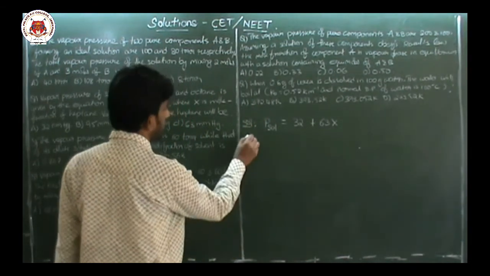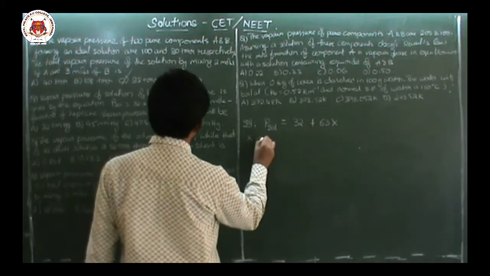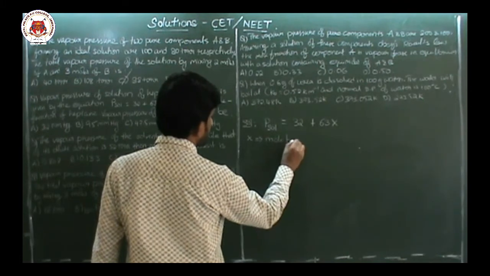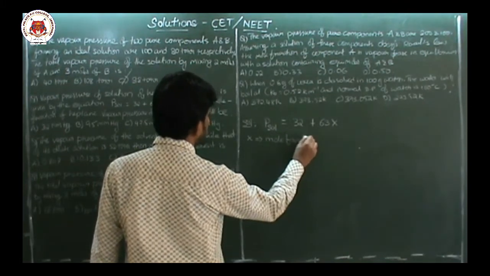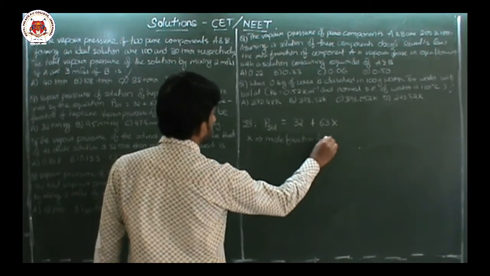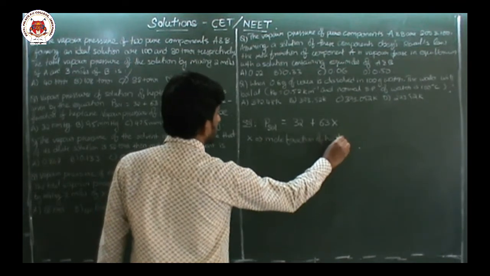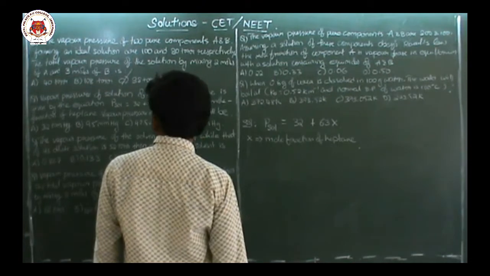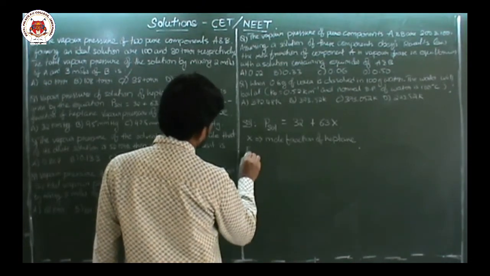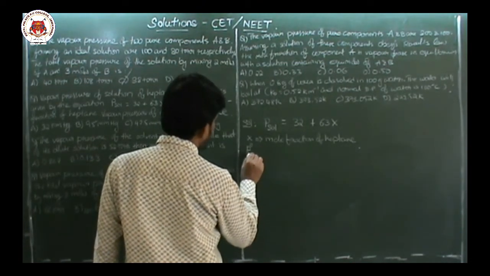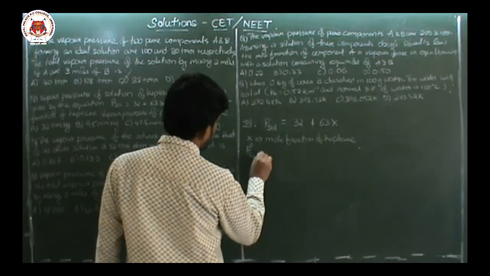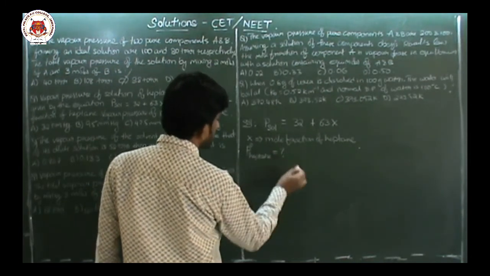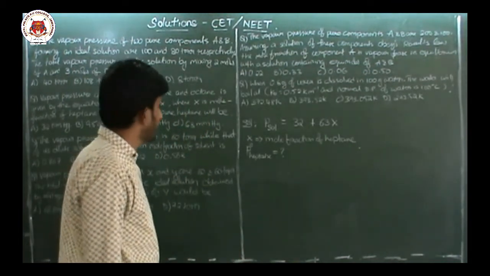They are saying that x is the mole fraction of heptane. And the vapor pressure of pure heptane they want. Vapor pressure of pure heptane is how much? That is the question.